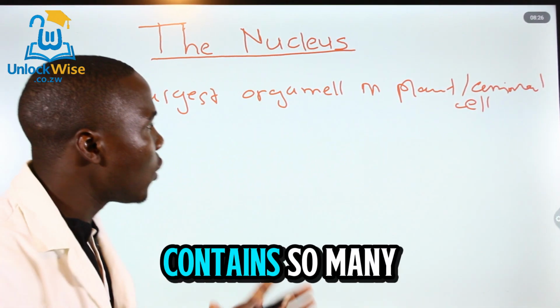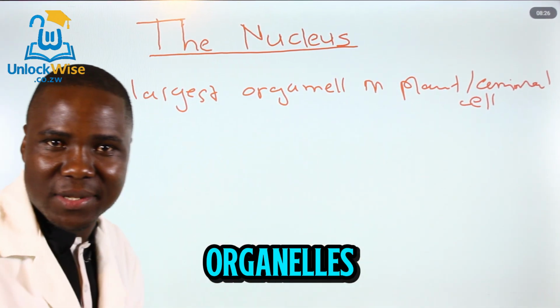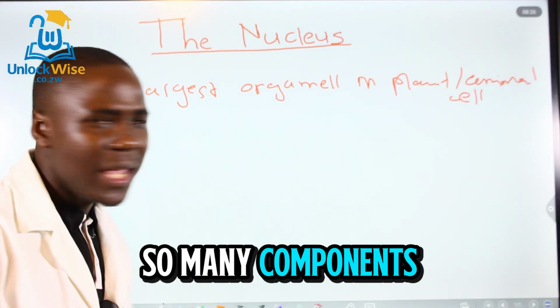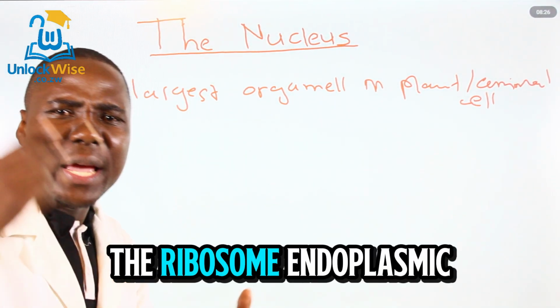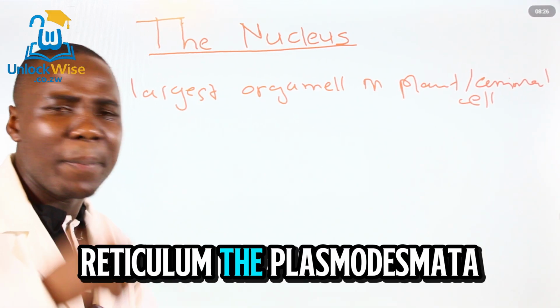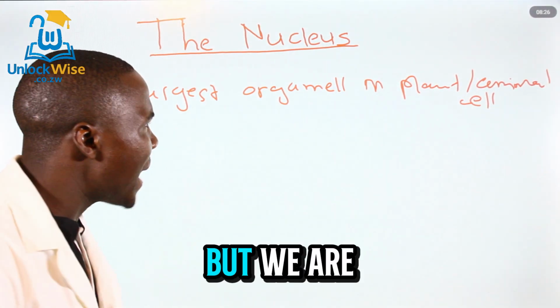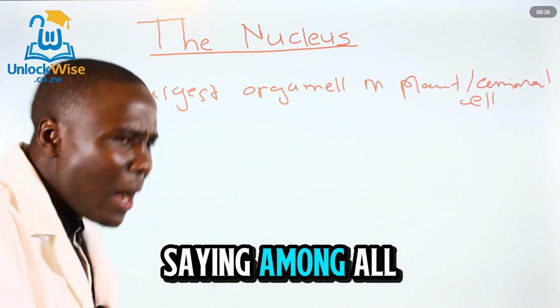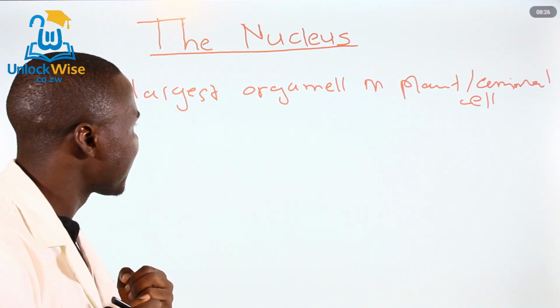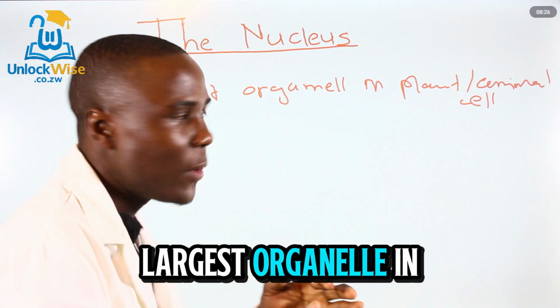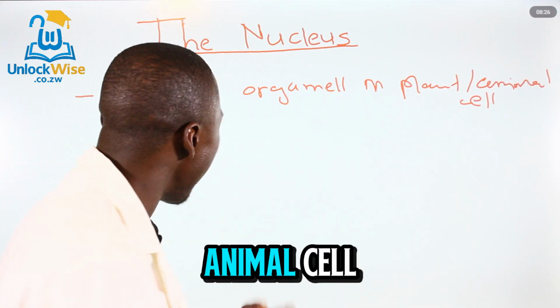Remember, the cell contains so many organelles, so many components, including the nucleus, the mitochondria, the ribosome, endoplasmic reticulum, the plasmodesmata, right? But among all those components of the cell, the nucleus is the largest. It is the largest organelle in both the plant and animal cell.